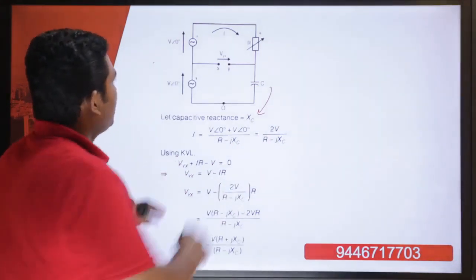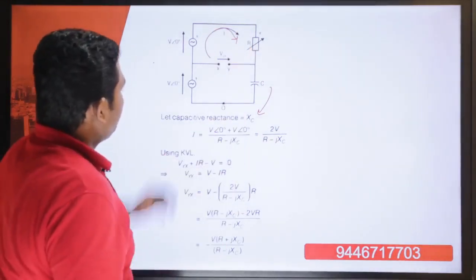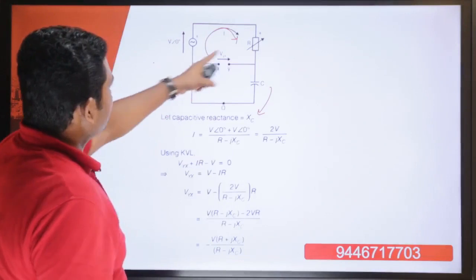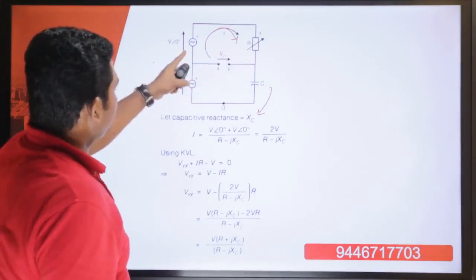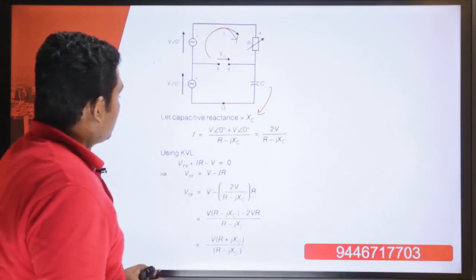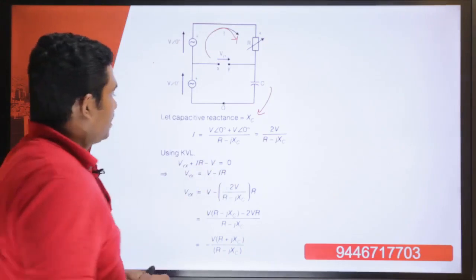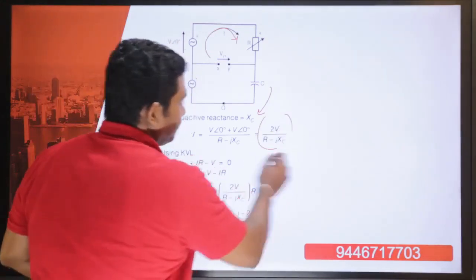Now when we use Kirchhoff's law in the first loop, we can say Vyx plus IR minus V is equal to 0 in the upper loop. From this we can write Vyx is equal to V minus IR. And we have obtained an equation for I, isn't it?